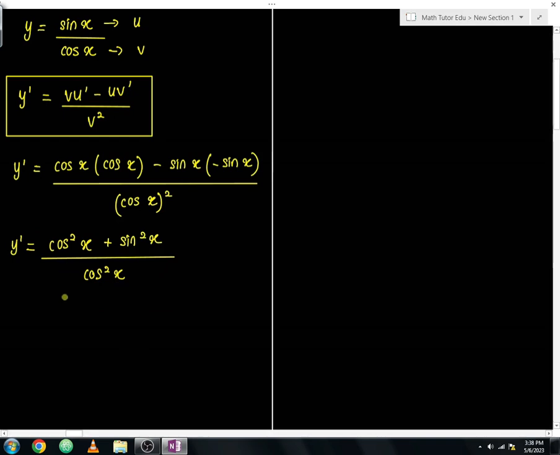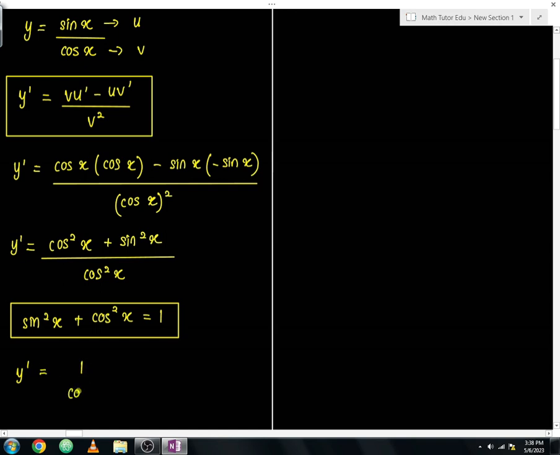If you forget it, let me recall it. The basic trigonometric identity is sine square x plus cos square x equals 1. So we're going to replace this cos square x and sine square x with 1. So from here y prime will be equal to 1 over cos square x.